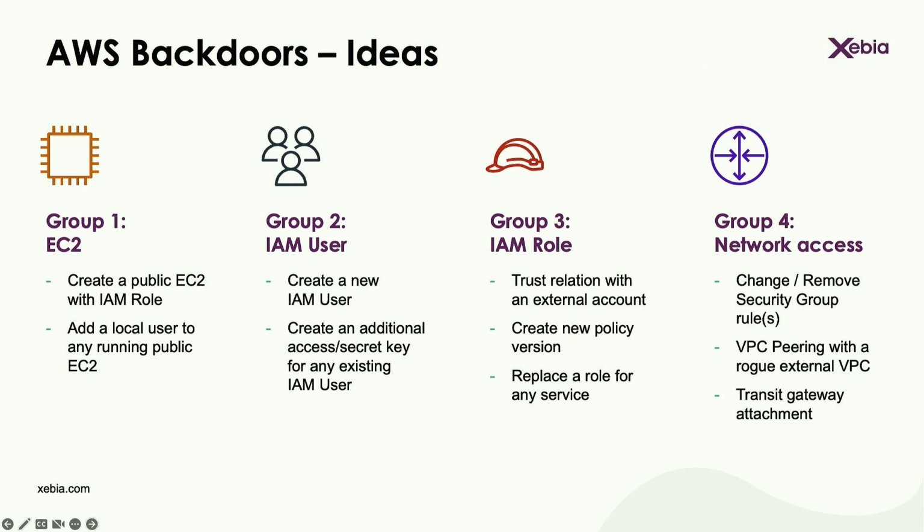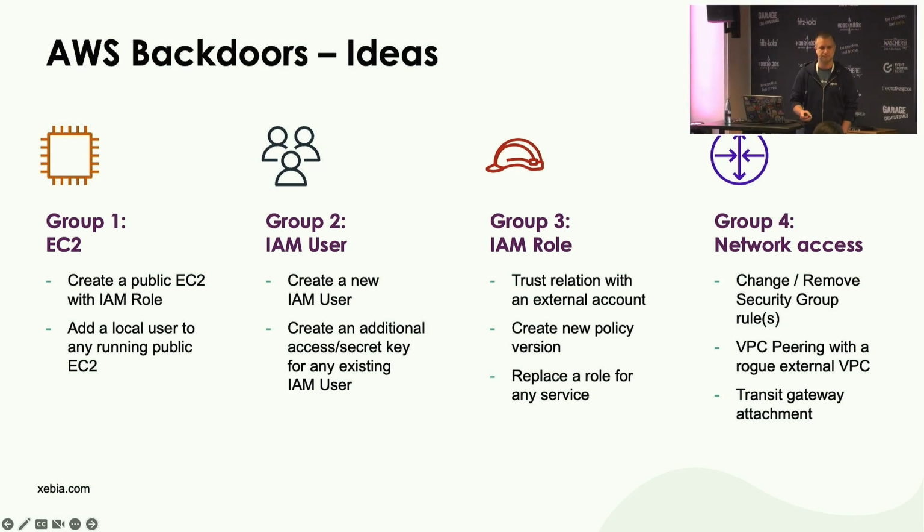It will not give you admin on AWS, but it can give you access to internal network. For example, the easiest one, just change or remove any rule on security groups, and if there is no infrastructure as code for it, nobody will notice that, and you will have access, or everyone will have access to someone's network.